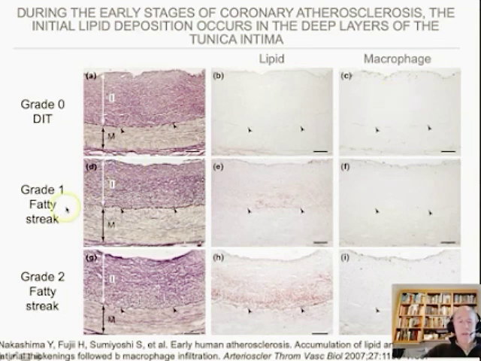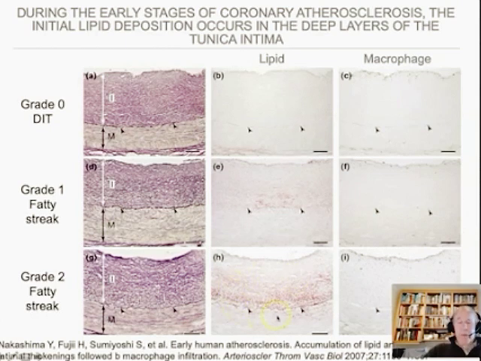The second is one that has developed fatty streaks, and the third is grade 2 fatty streaks. And so what you see again is that the intima is thicker than the media, and the first event that occurs is that lipid starts to accumulate deep in the intima. And that progresses, as you can see here in the grade 2 fatty streak.